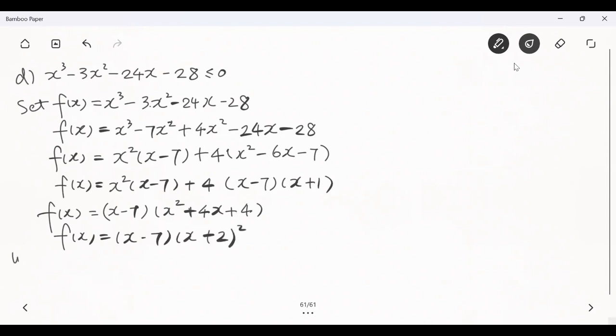Then we know when f(x) equals 0, right? So x minus 7 equals 0, x equals 7, x plus 2 equals 0, x equals negative 2. So right now x equals negative 2 or x equals 7 are the x-intercepts.